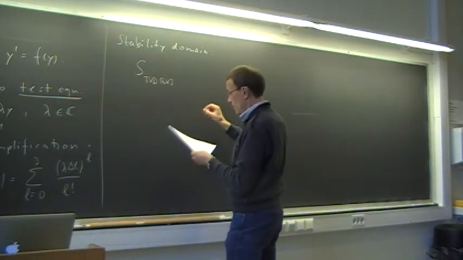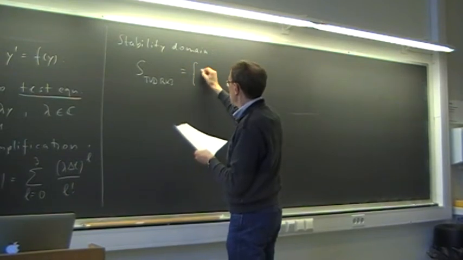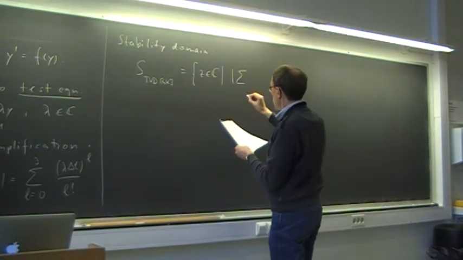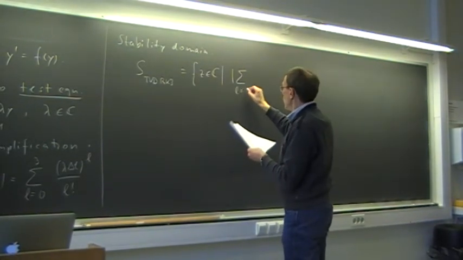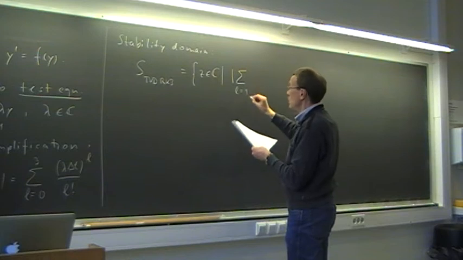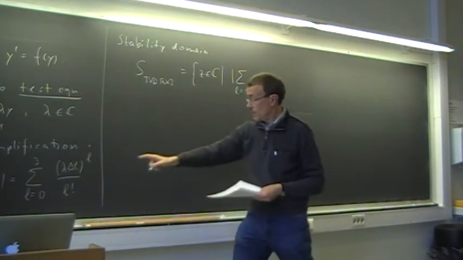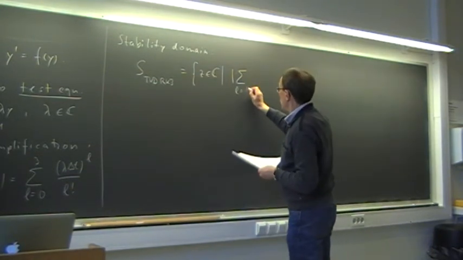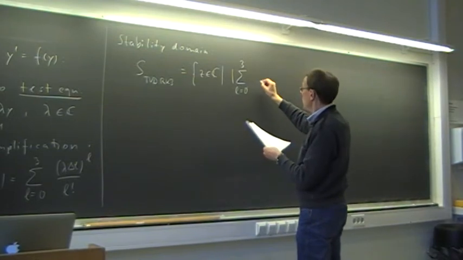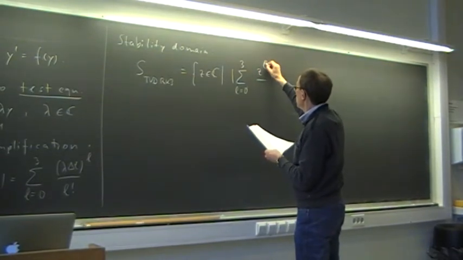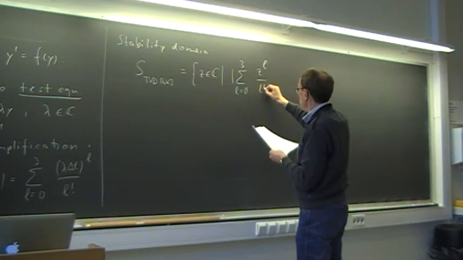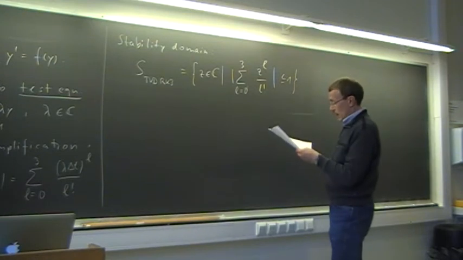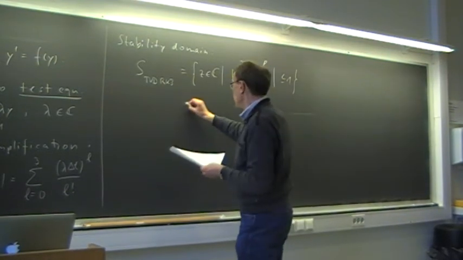So the stability domain of this method is then the set of complex numbers z for which the absolute value of the amplification factor, where instead of lambda delta t we put z, so we start from 0, go to 3, and then we have z to the power L divided by L factorial, has to be smaller or equal to 1. That is the condition.